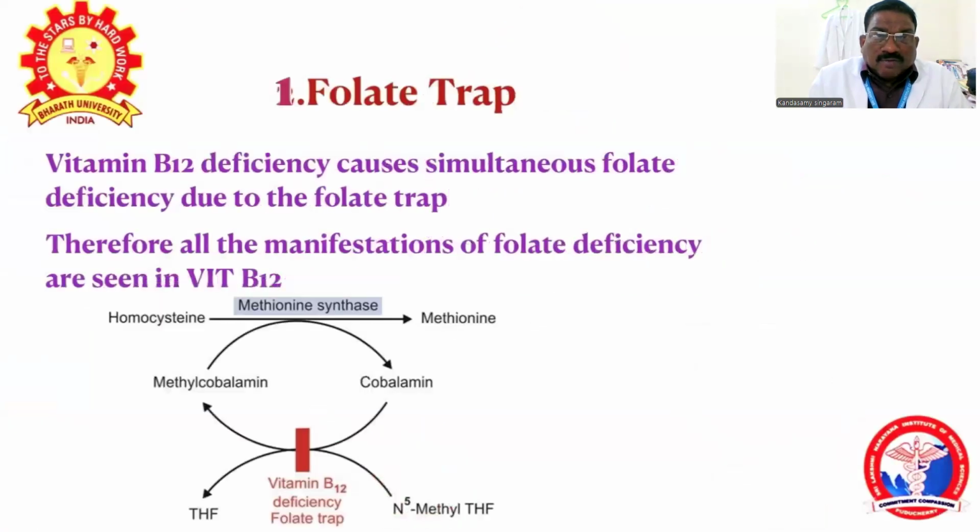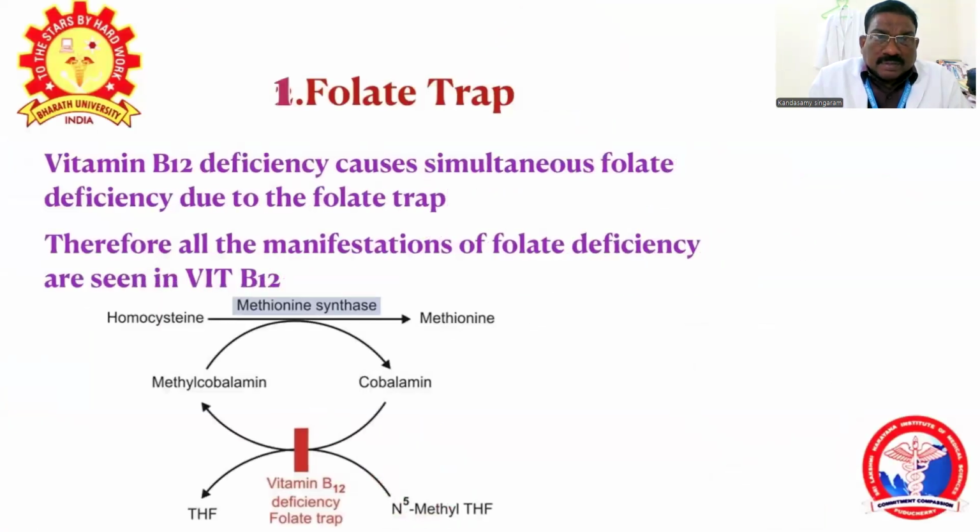The first one is folate trap. Vitamin B12 deficiency causes simultaneous folate deficiency due to the folate lack. Therefore, all the manifestations of folate deficiency are seen in vitamin B12 deficiency. Here, what is folate?